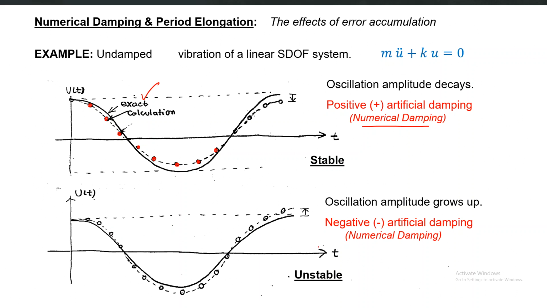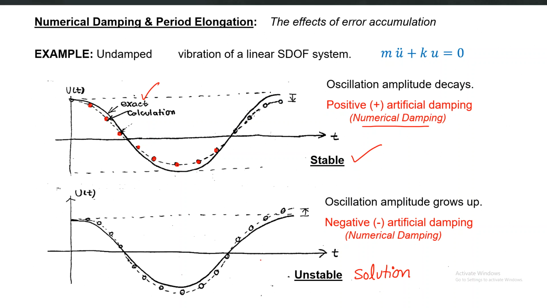So the first one is called the stable accumulation of error. The solution will be stable, and the second scenario will be called the unstable solution. Unstable solution, because with increasing number of cycles, in the stable case the response prediction will keep on reducing and it will not shoot out to some hypothetically large values.